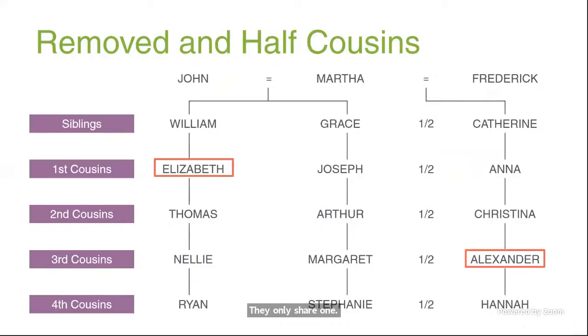So they're half first cousins. And then we count down the number of generations removed from Anna, which is Christina's 1, Alexander's 2. So they are half first cousins twice removed. So hopefully that gives you a better sense of how these halves and everything like that work.